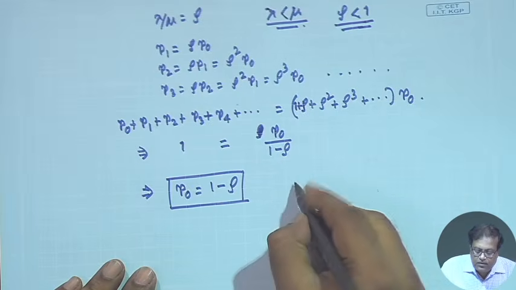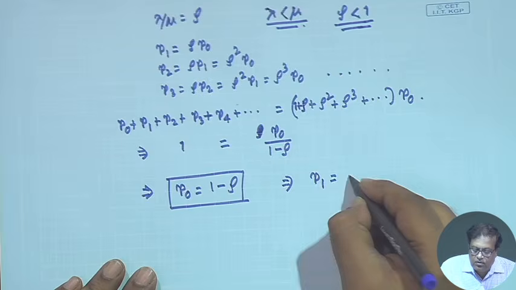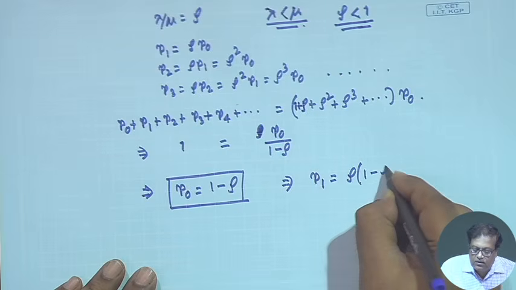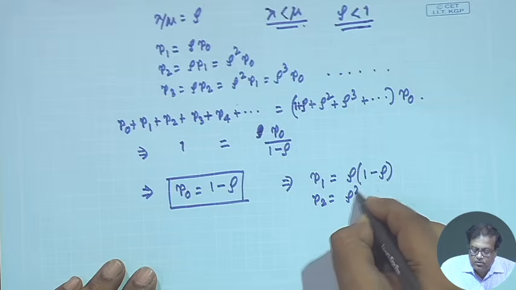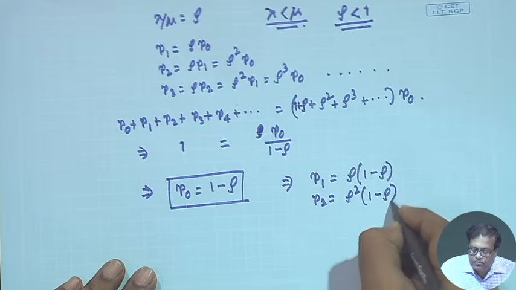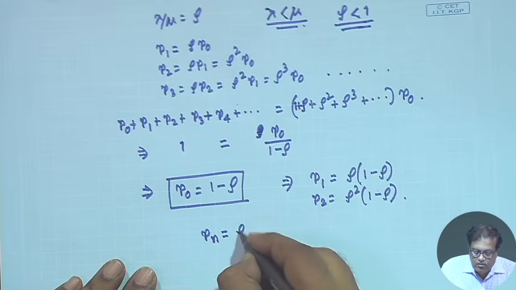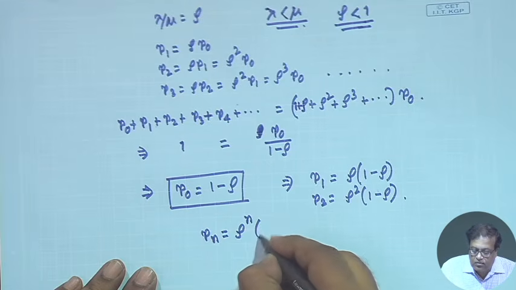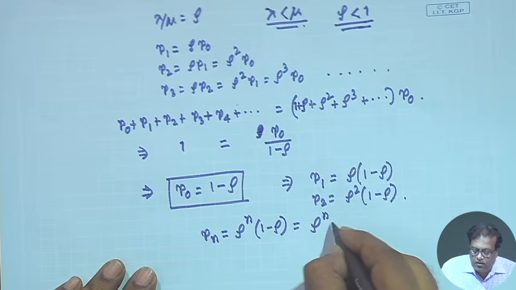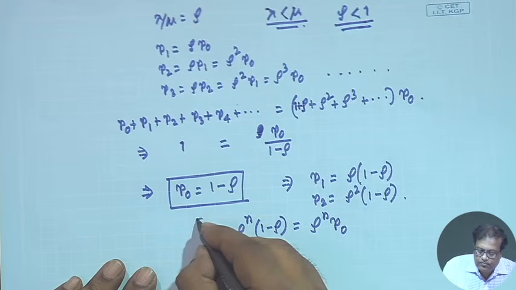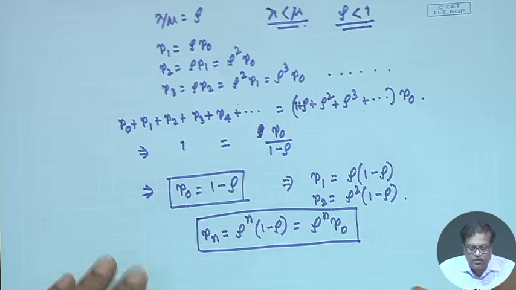Once we get P0, we can compute P1. P1 equal to rho times 1 minus rho. P2 equal to rho square 1 minus rho. In simple terms, Pn equal to rho to the power n times 1 minus rho, or rho to the power n P0. All right.